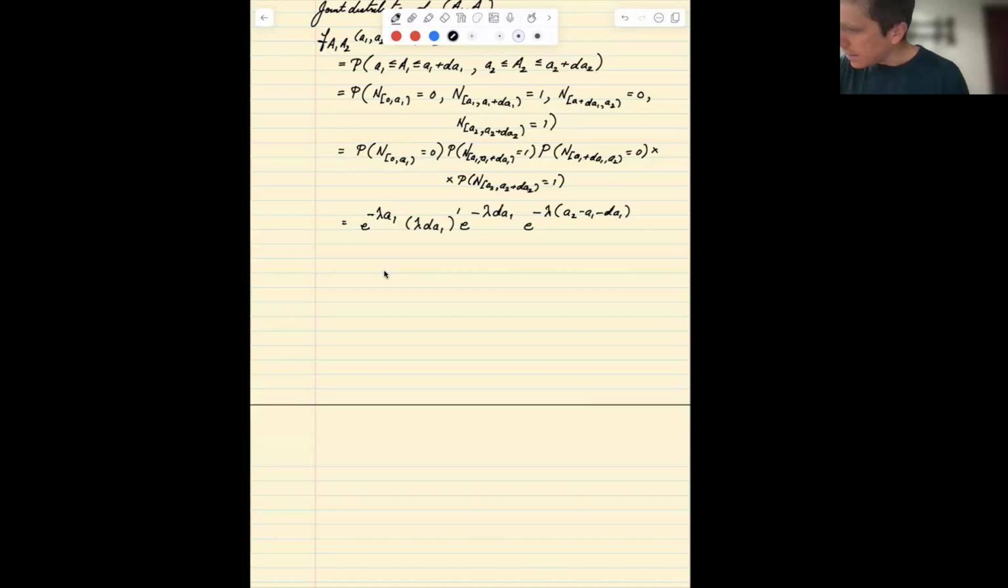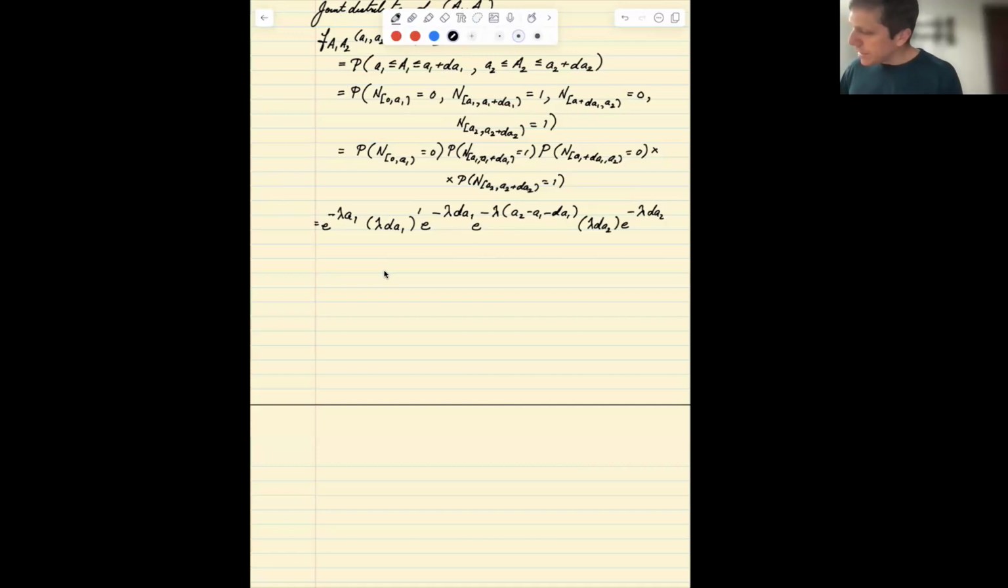Then we have lambda dA2 e to the minus lambda dA2.